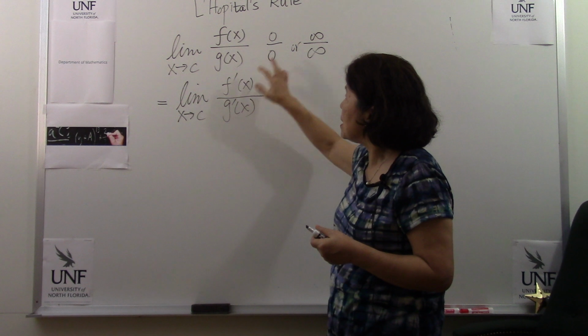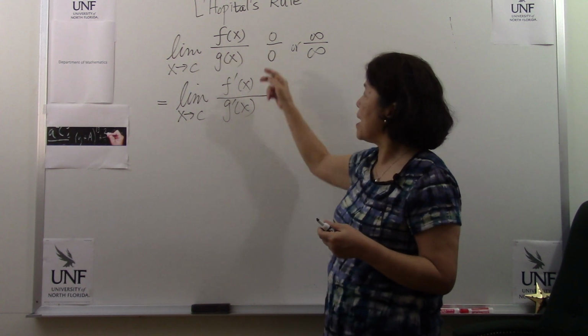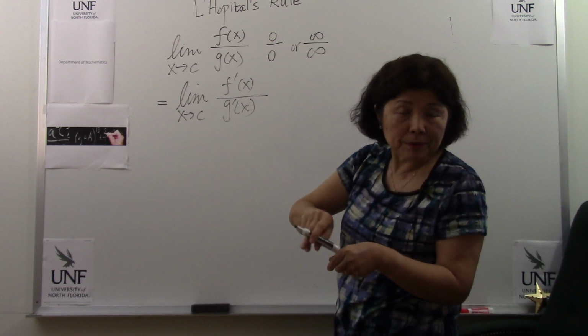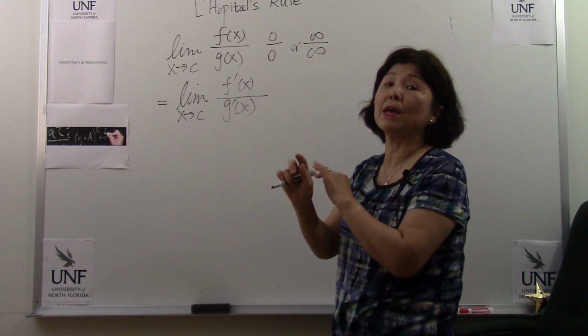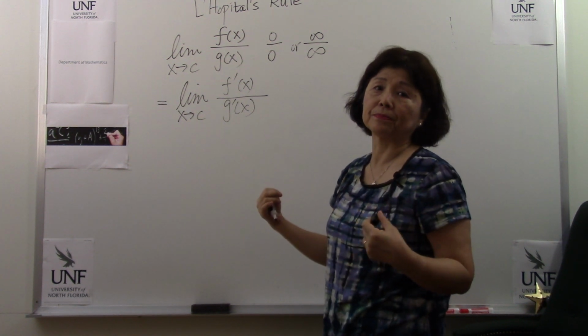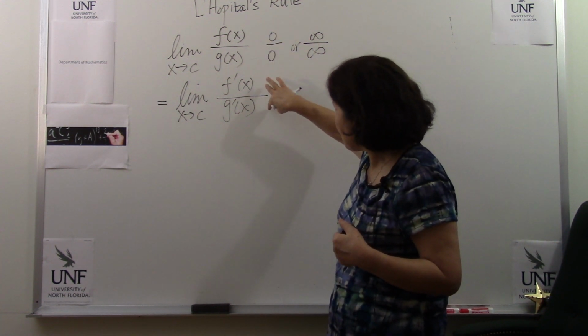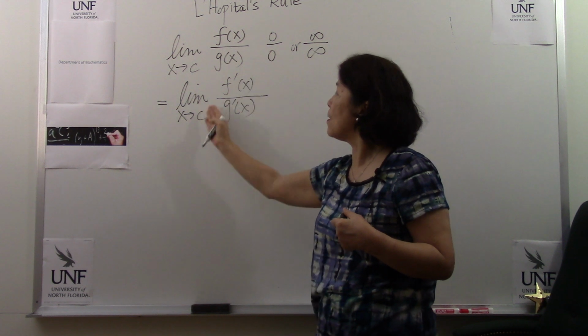So what you do is differentiate the numerator and the denominator separately. Do not use a quotient rule, okay? Then it's going to make it a lot worse than it really is. So we differentiate separately and then take a limit of that.